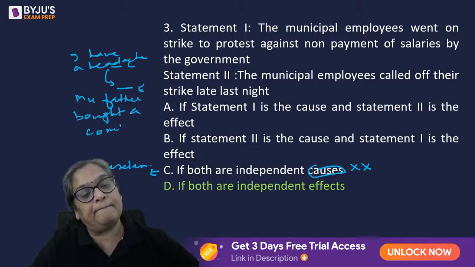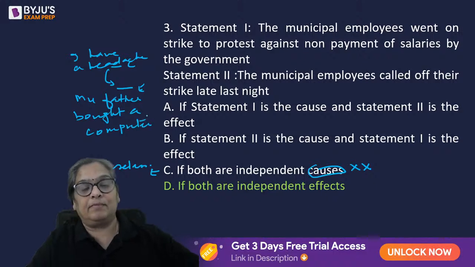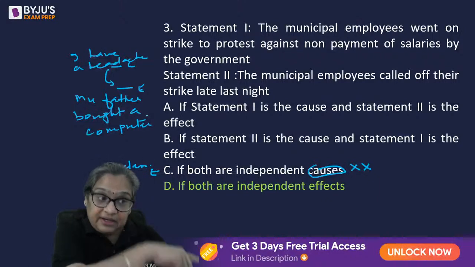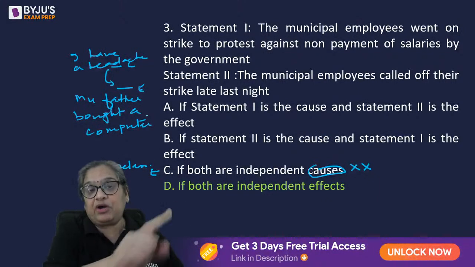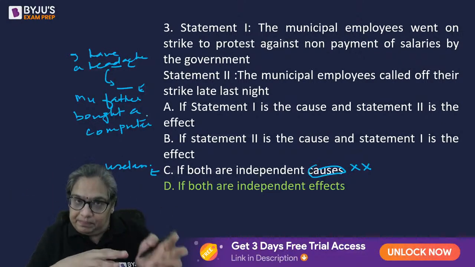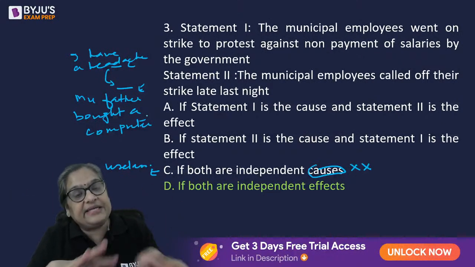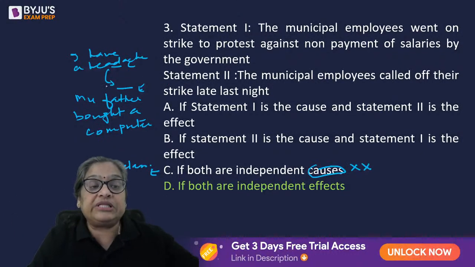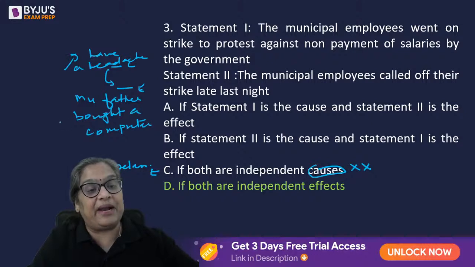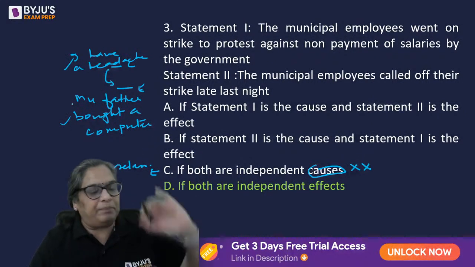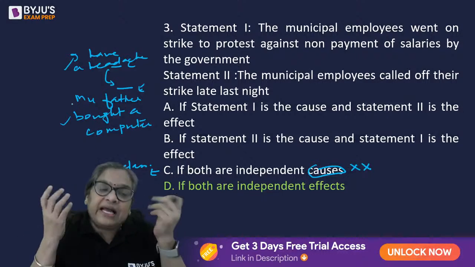Now this I have a headache in the earlier statement is a cause, because immediately we got a statement saying I did not go to school today. So we said okay, he had a headache, that is why he did not go to school. But if you make the same headache statement and next you make a statement like my father bought a computer, we'll say what is the connection?